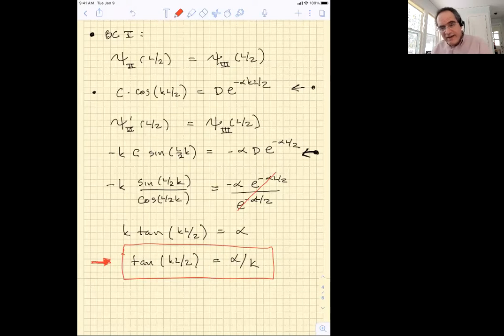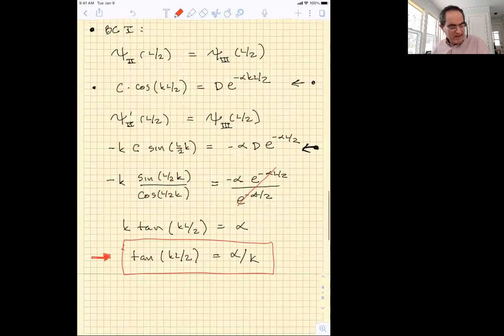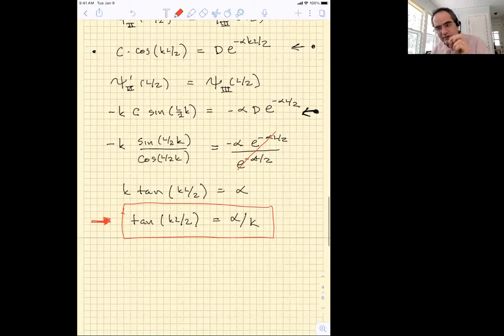So there are only certain values of alpha and k that will work, right? And what this really is, it's an equation for the energy of the state. It doesn't look like it, but if you think about it, it is, because k and alpha are both determined only by the energy.